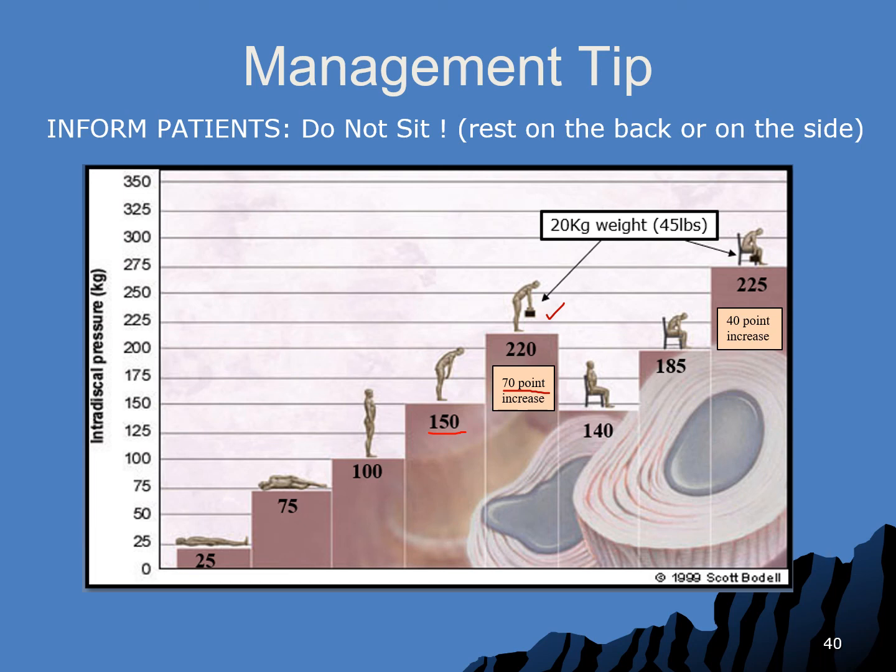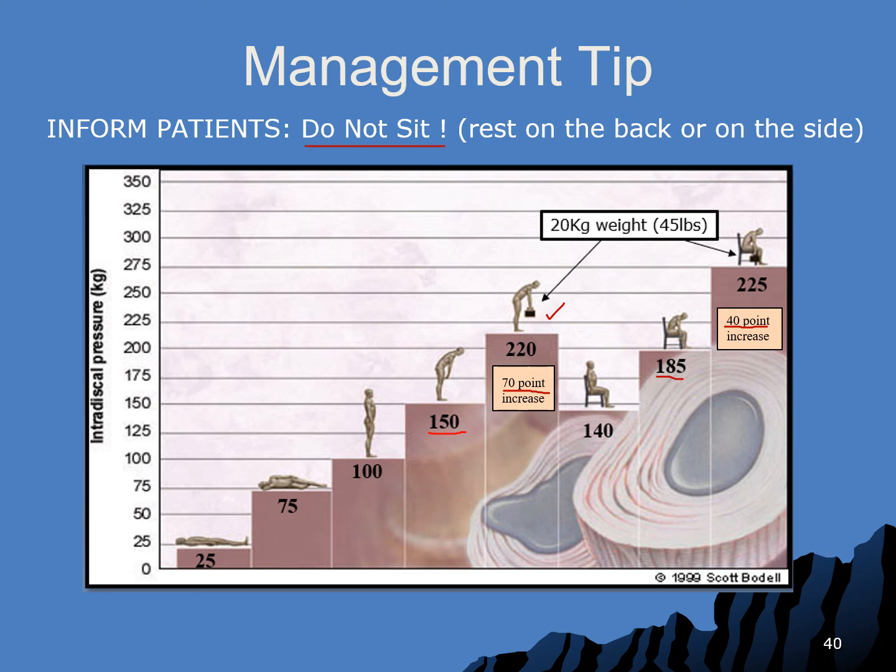There's someone seated, 185 pressure at the L3 disc. Put weight into their hands, again 45 pounds, and now we get a 40-point increase. Point being, some of these postures are dangerous and best be avoided, but the thing that we really want you to take home from this is, as part of your patient management, tell the patient, do not sit, not even in recliners.